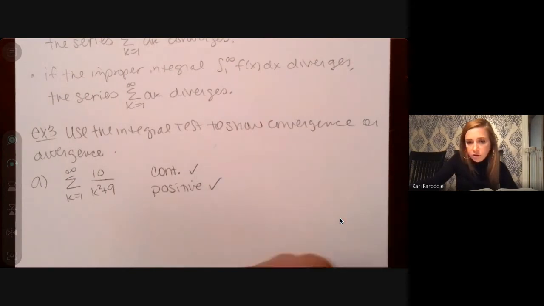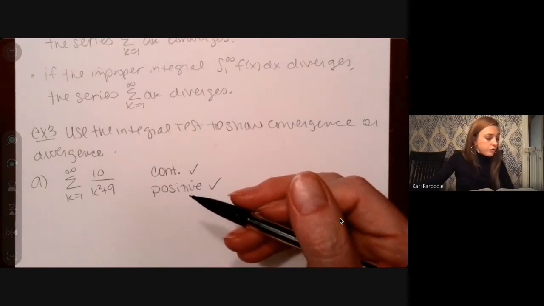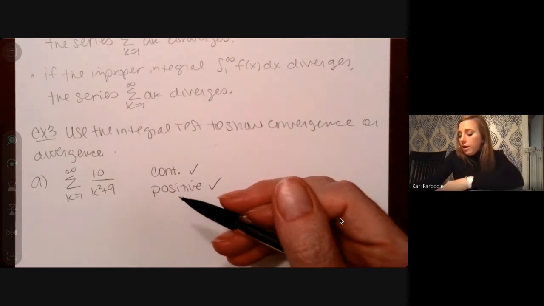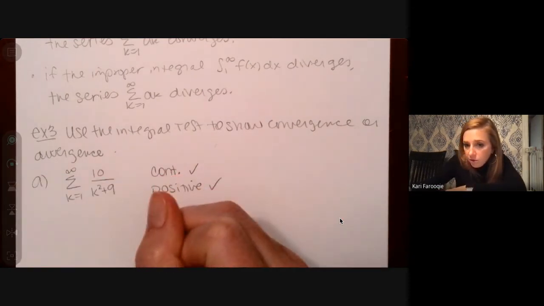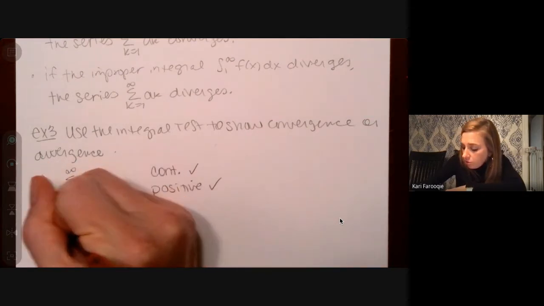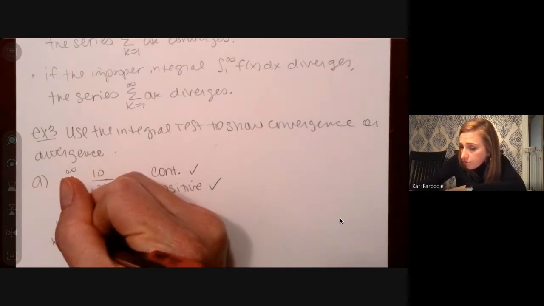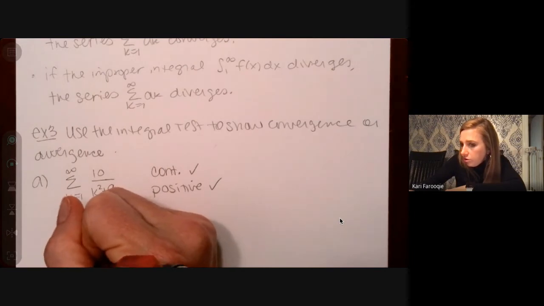Continuous, positive, and then we'll do non-increasing. So what I like to do for the non-increasing part, there are a couple things you can do. Technically you could show that it's decreasing, but you want to show that your k plus 1th term is less than or equal to your k term.